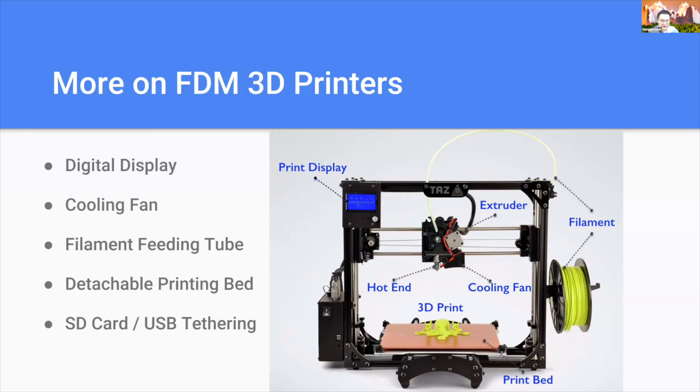You can install the driver and then you can start sending code to the printer for it to start working. Or you can use an SD card. What you do in this circumstance is you download the design, you process it, and you copy the file from your computer to the SD card. You move the SD card to the printer and then start printing using the print display.